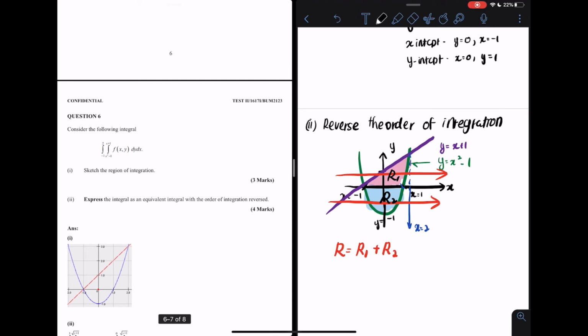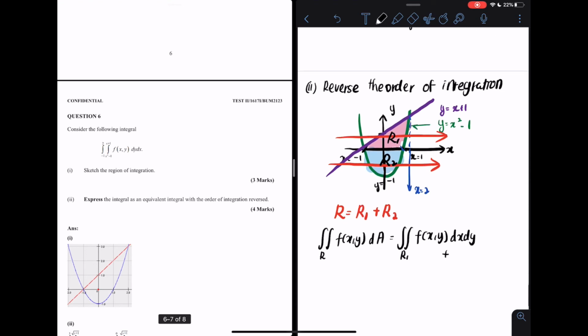Therefore, you will have this kind of setup: the double integral over region R of function f(x,y) dA is equal to the double integral over region R1 of function f(x,y) dx dy plus the double integral over region R2 of function f(x,y) dx dy.